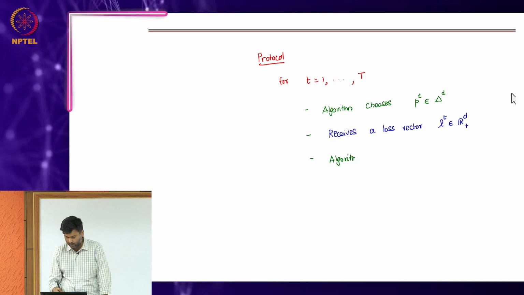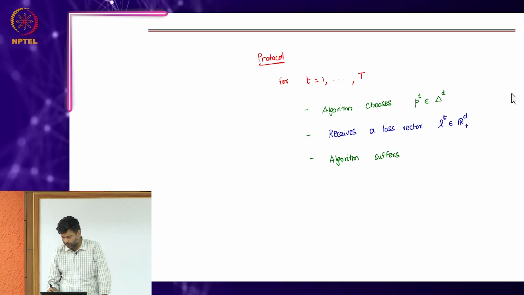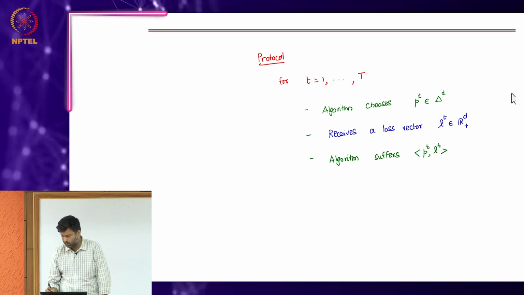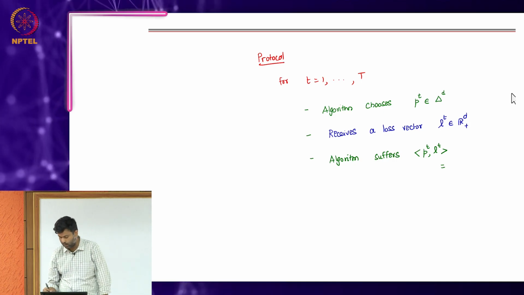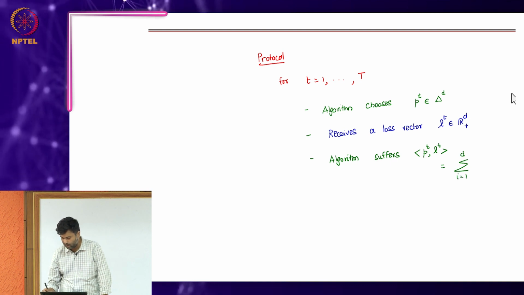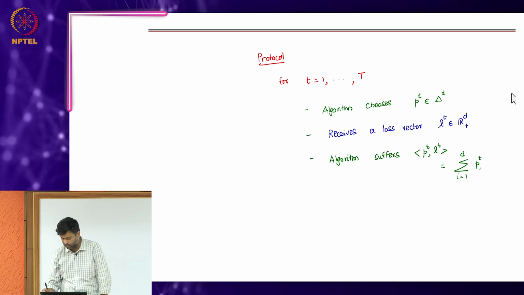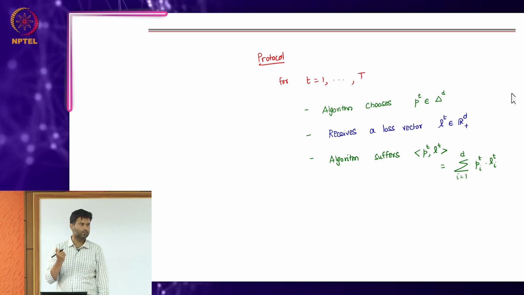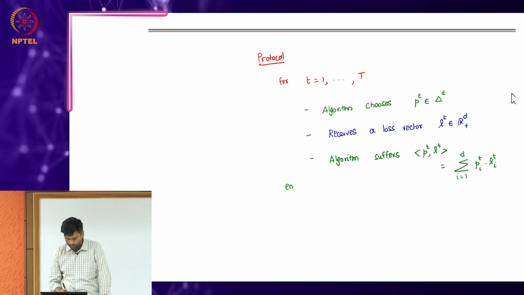After it makes this choice, the algorithm suffers the dot product between what the algorithm chose and what it received, which is just the sum of the component-wise product. All of you know the dot product. Okay, that's it. So this is the protocol.